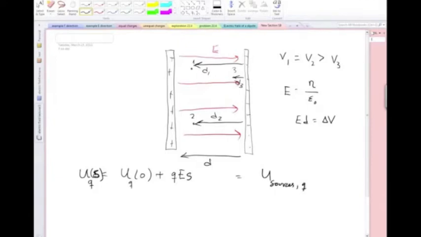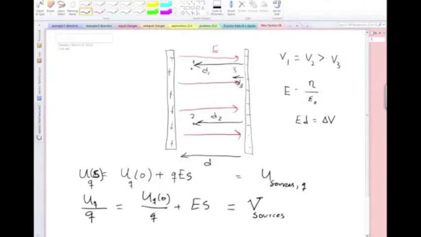So if I take U, the potential energy of a charge Q inside the capacitor, and divide it by that charge Q, I end up with this. This quantity is what we said was the electric potential of the sources in your problem.